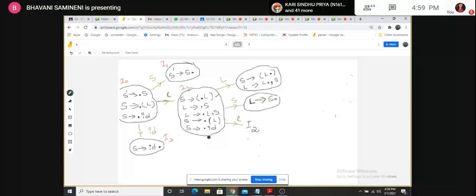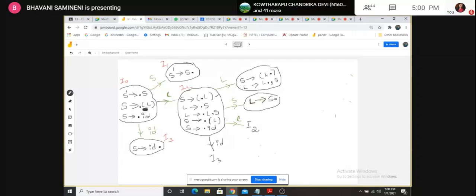And from I2, if I define the goto function on ID, what is the next state I'll get? I'll get S derives ID dot. This is the same as I3, right? So just define I3. Okay, so these are a few points we have to remember.